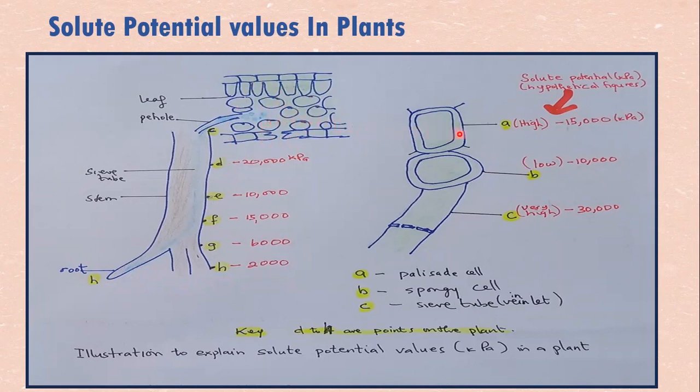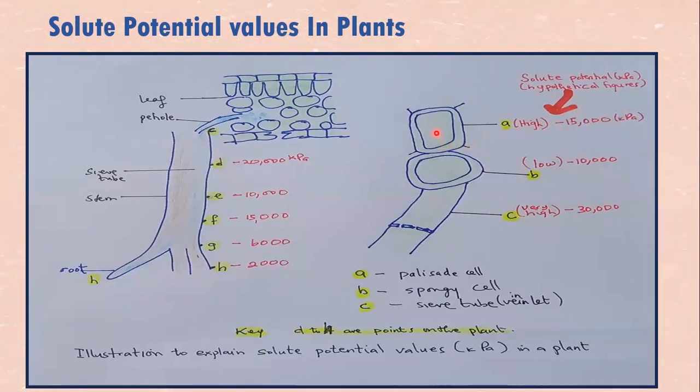And as we have said, the palisade cell is making the sucrose by photosynthesis, and so the highest solute potential we expect to be in the palisade cells. So we give it minus 15,000 pascals.